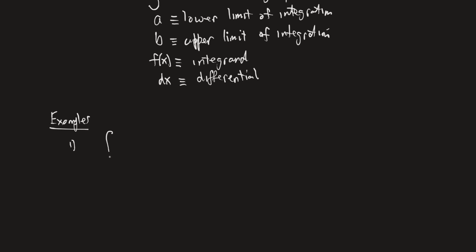So for example, if I gave you something like this, right? I could say that the lower limit is 0, the upper limit is 2, my integrand, or function, is x squared, and all of this represents the net area of some region. Well, what is that region?